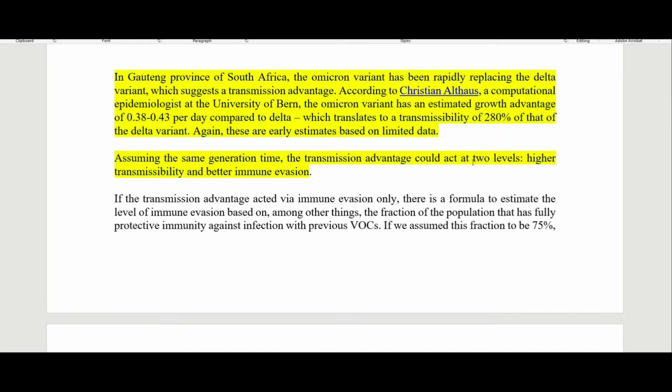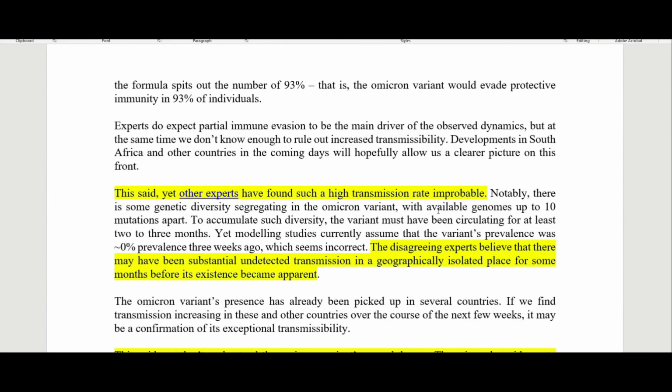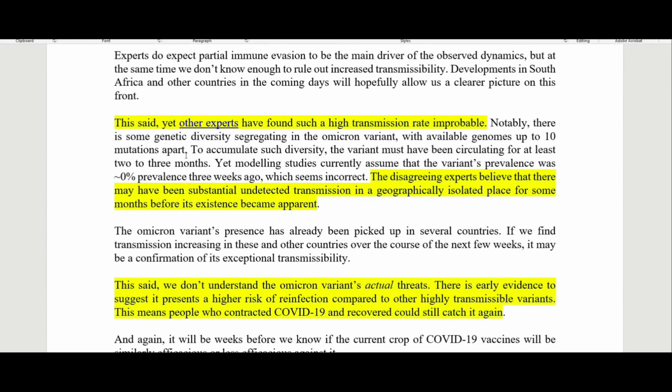There would be large error bars on that percentage there. So this said, other experts have found such a high transmission rate improbable. So the disagreeing experts believe that there may have been a substantial undetected transmission in a geographically isolated place for some months before the existence became apparent.